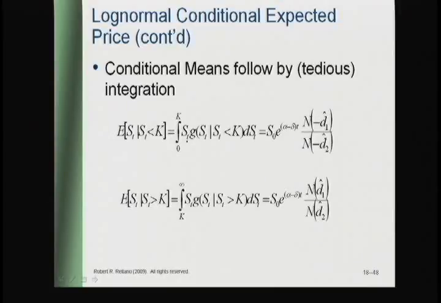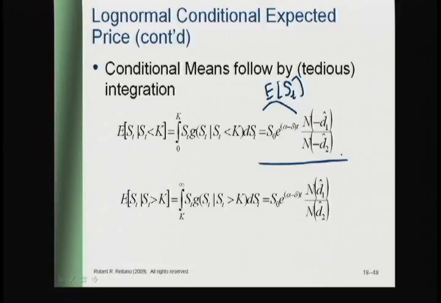And what you find is that the expected value of S when S is less than K is this formula. And you may recall this coefficient, this is the expected value of S without condition. We derived that formula in an earlier slide. So what we're saying is that the conditional mean, conditional that S is less than K, is equal to the mean of S, the original mean, times a ratio of two normal values.